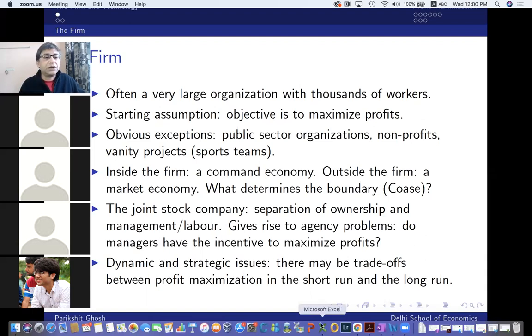So for example, let's say Indigo is a dominant player in the airline market, and suppose there are new airlines coming in and competing with them on the busy, profitable sectors like Delhi, Mumbai. One strategy that firms sometimes adopt in these situations is called predatory pricing. They price even below their cost.